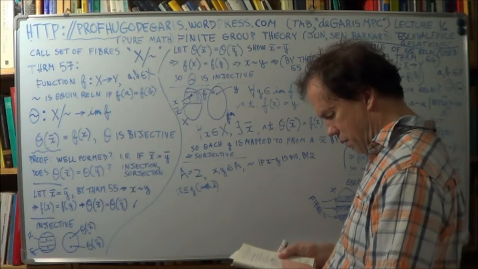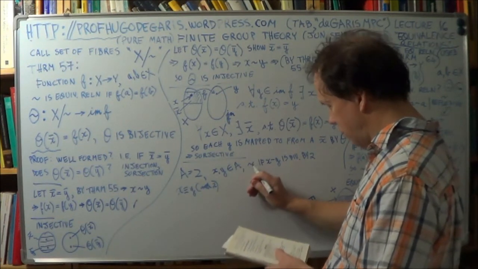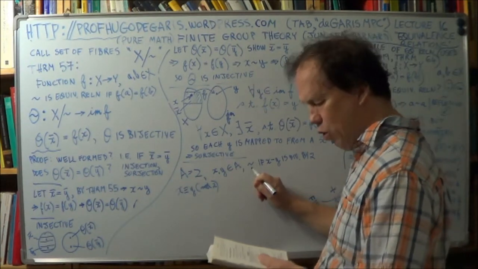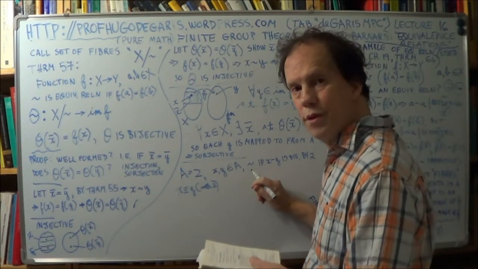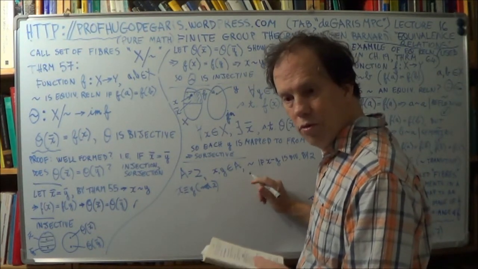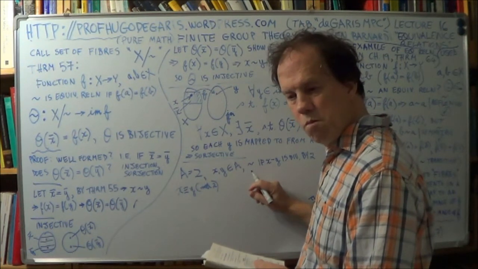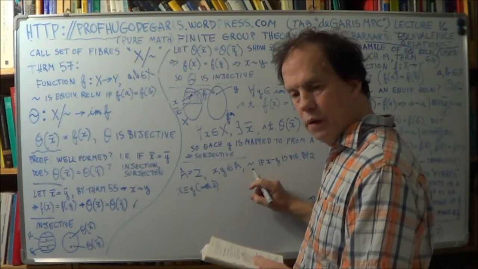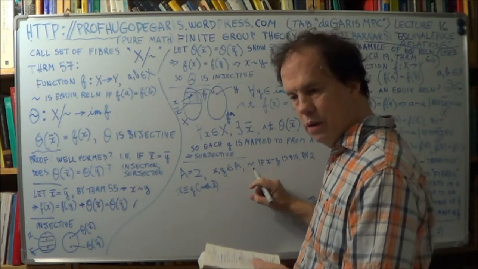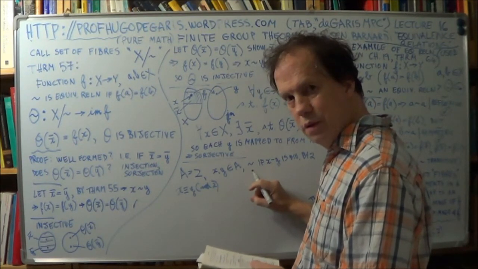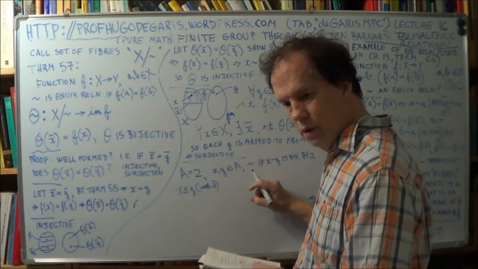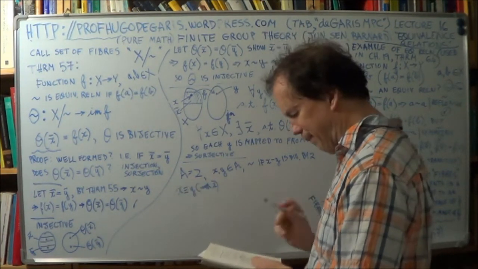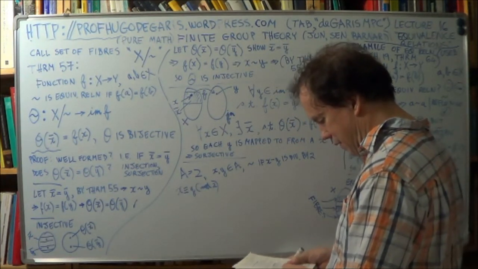So you have to show that this relation is an equivalence relation. You have to go through those 3 steps. You have to show the relation is reflexive, symmetric, and, what's the word, transitive.